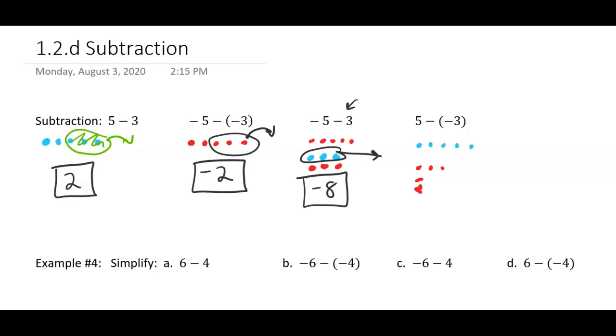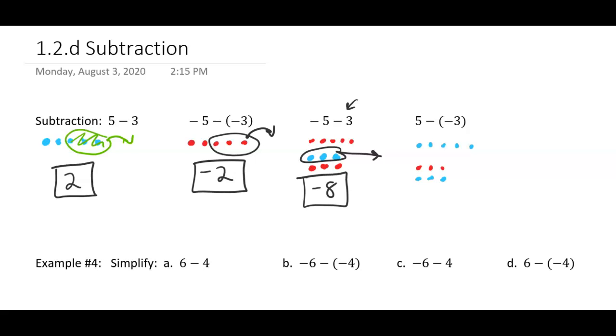I put in the 3 negatives, but I have to have 3 positives to counteract that, because I can't change that original value. So every time I have to put something in so that I can take it out, I've got to put in both a positive and a negative. That's probably the tricky part with the chip method.